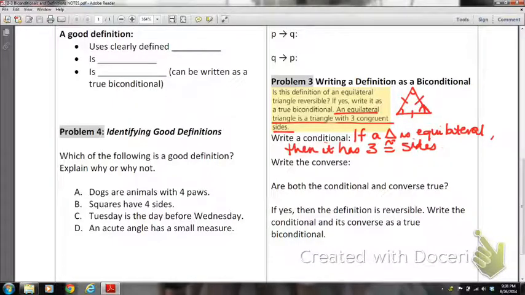Now let's write the converse of that, which means we're going to switch the hypothesis and the conclusion. The converse is going to say, if a triangle has 3 congruent sides, then it is equilateral.